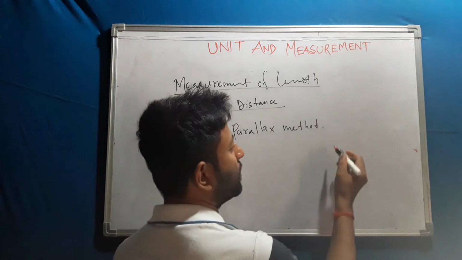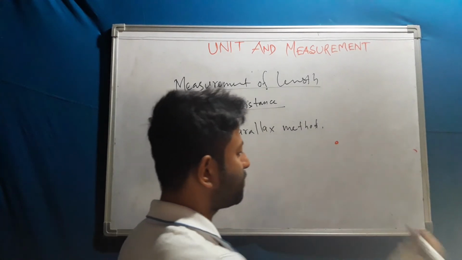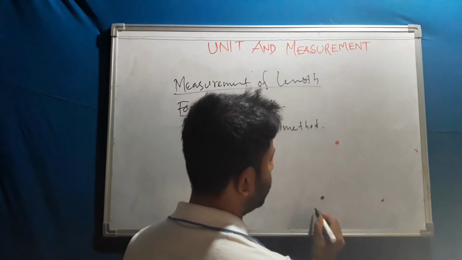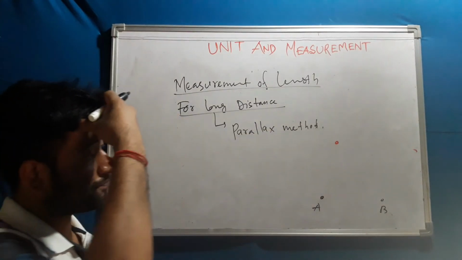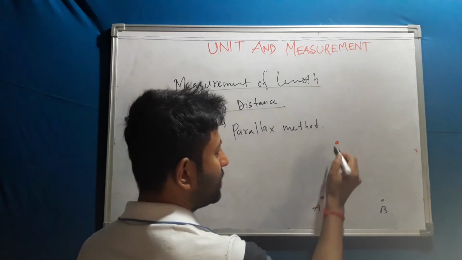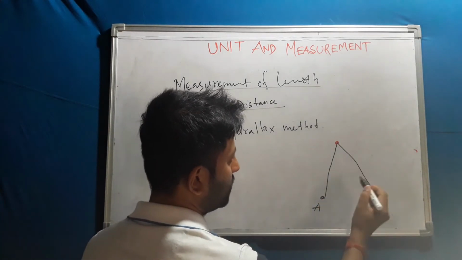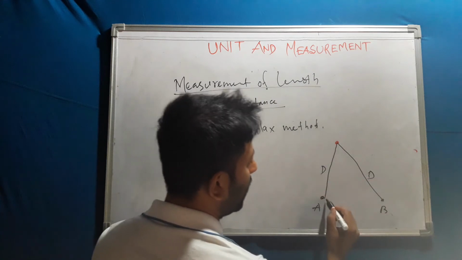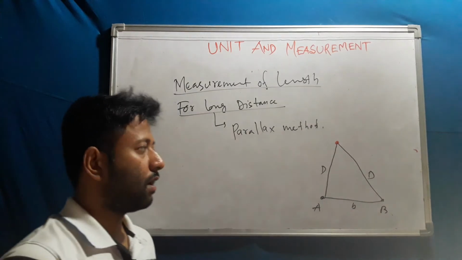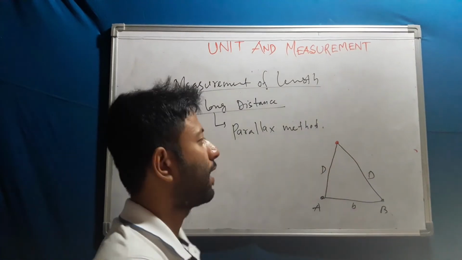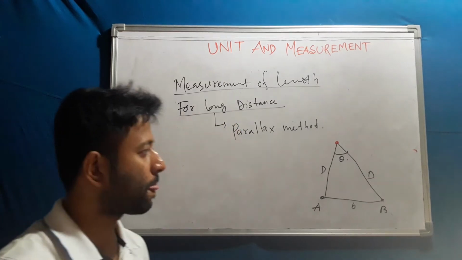Suppose there is my one point, and I'm observing this point from two positions, that is A position and B position. When I see from this one, this is the distance, and when I see from the other, it is this distance. I'm considering this distance as D, and the distance in between these two positions as b. Due to these two different positions, the angle made here, I'm considering as theta.